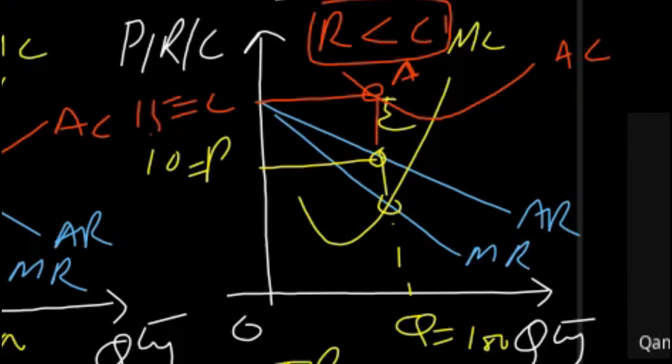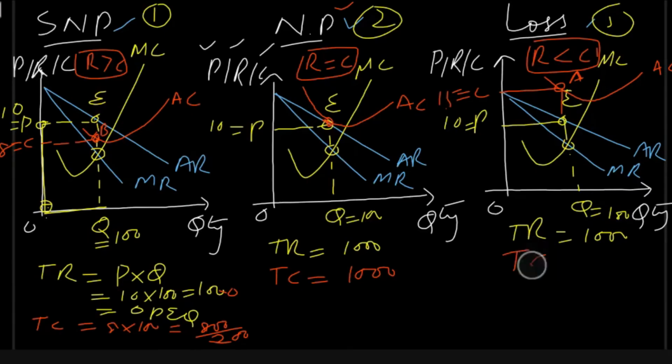Cost is basically the expense which you have to incorporate to produce certain good. In this scenario, total cost is equal to per unit cost, that is $15, multiplied by quantity 100, is equal to 1500.